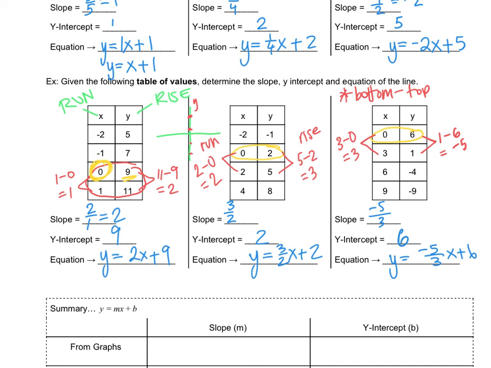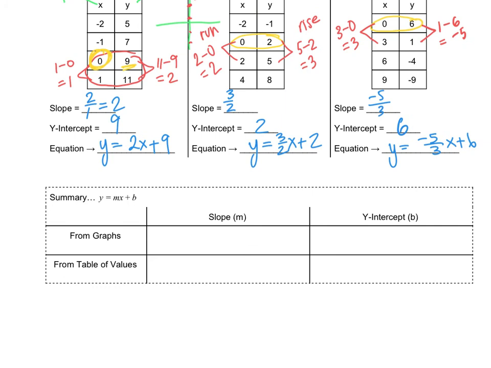And that's it for the table of values. So let's just fill in this final summary box, and then that's it. So for the slope, for a graph, you are just counting your rise and run. So I'm going to make a note that we use our rate triangle, and then we do rise over run.